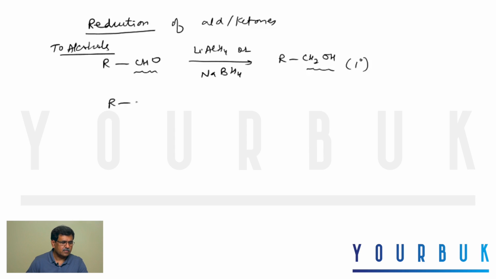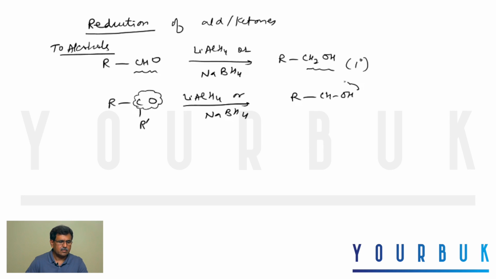And ketones, again look at the group only. Under similar conditions using lithium aluminum hydride or sodium borohydride gives a 2-degree alcohol. So there is no change in the number of carbon atoms, and if both are present, they both get reduced to their respective alcohols.